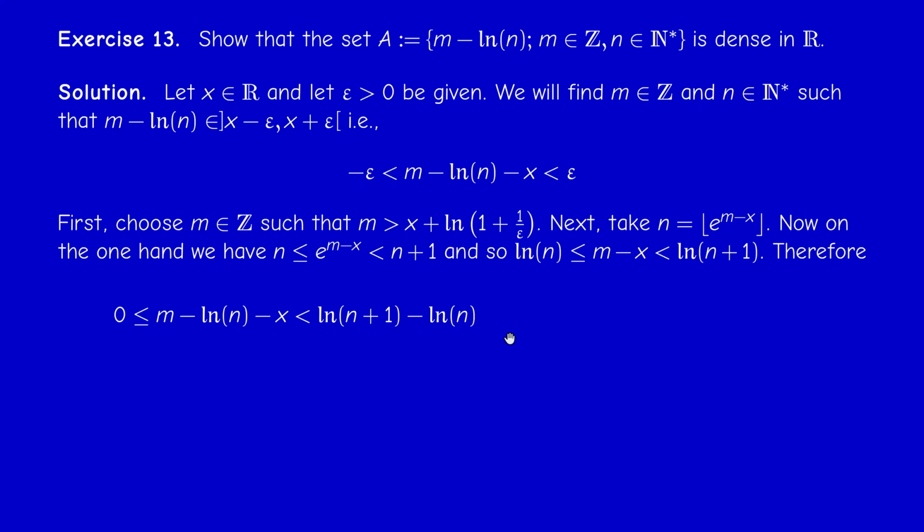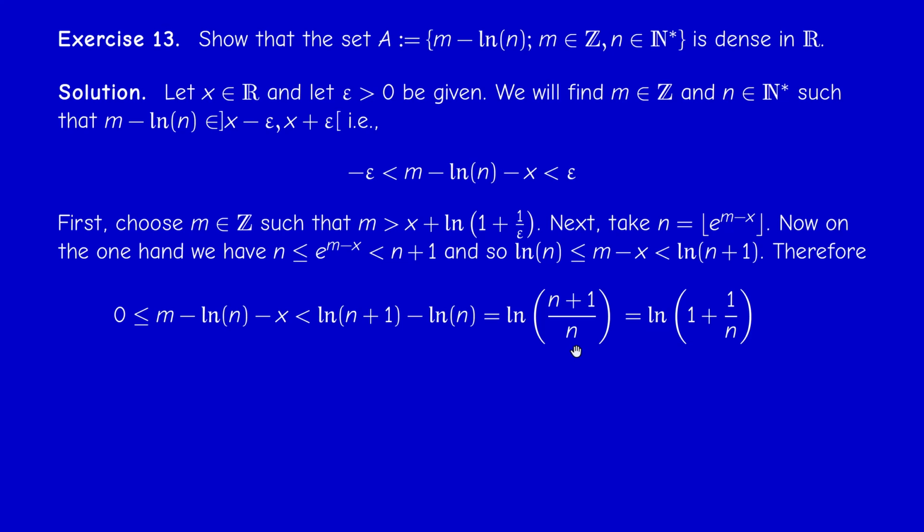And now we are almost done, because we can write this ln of n plus 1 minus ln n, by the fundamental property of the logarithms, as the ln of the ratio, n plus 1 over n, which can be written as ln of 1 plus 1 over n.